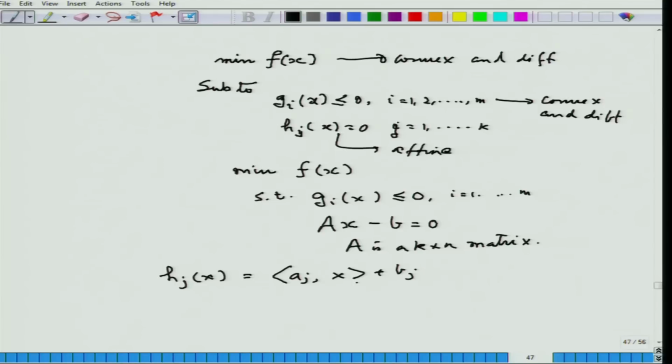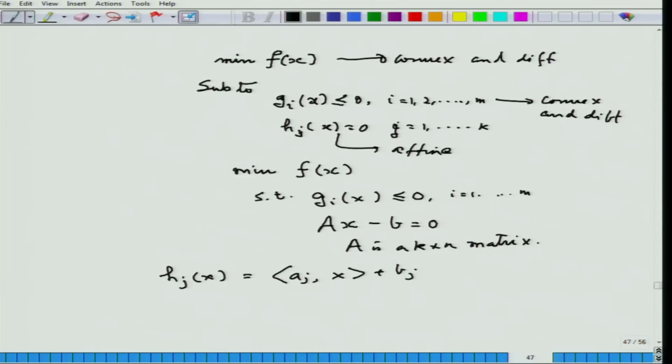Now, once you have this, because otherwise the full feasible set won't be a convex set. So, my C here is now described like this. If I take a_j to be a row of a matrix, so a_1, a_2, dot dot dot a_k, they form a k cross n matrix, which is A here, and b_1, b_2, b_k are the constants.